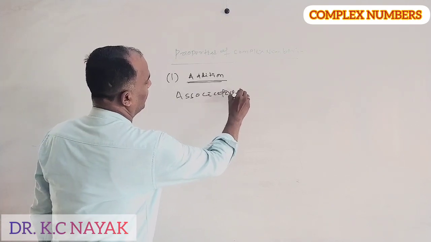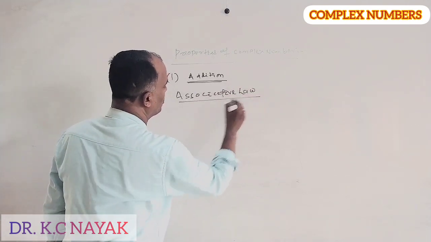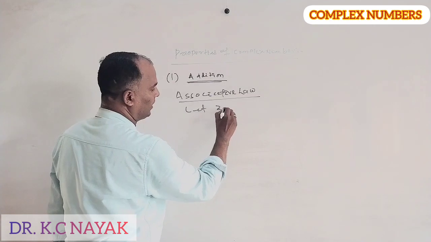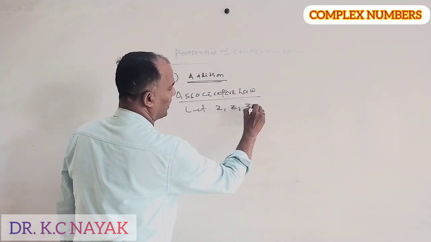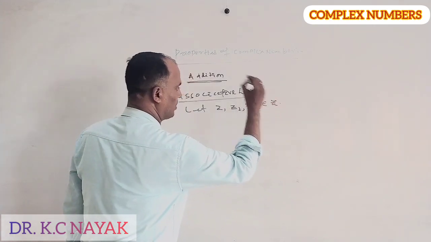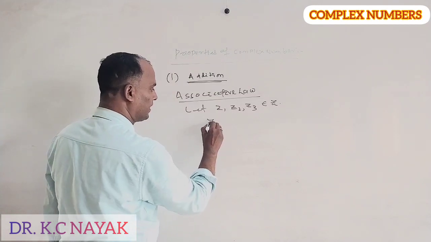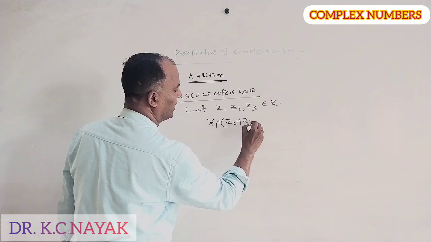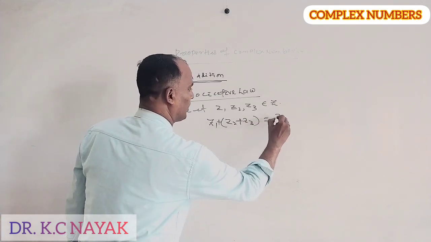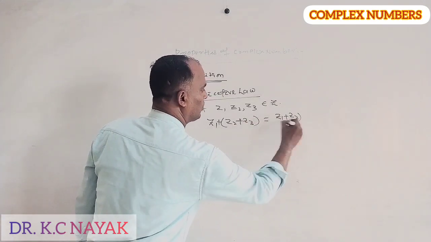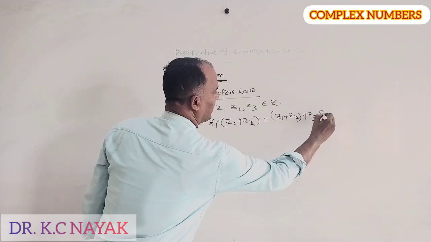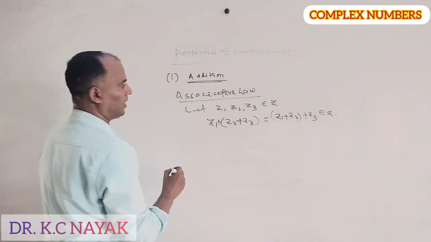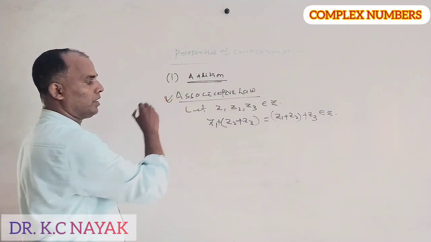Suppose or let Z1, Z2, Z3 belong to Z. Then (Z1 plus Z2) plus Z3 is equal to Z1 plus (Z2 plus Z3), which belongs to Z. That is the associative property.